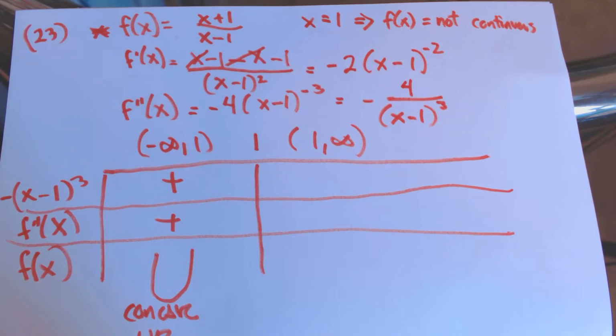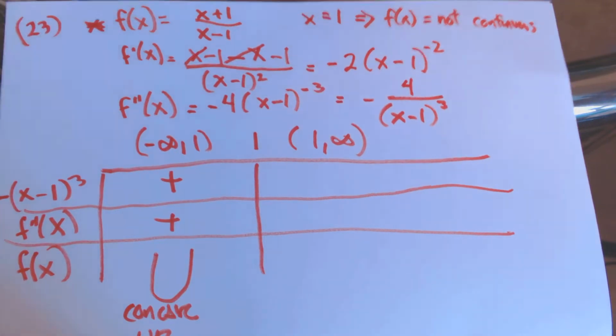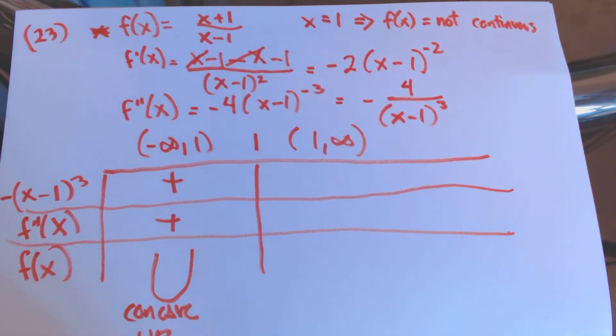That'll give us a negative. So let me see. Wait, between negative infinity and 1, let's plug in 0. That's negative.